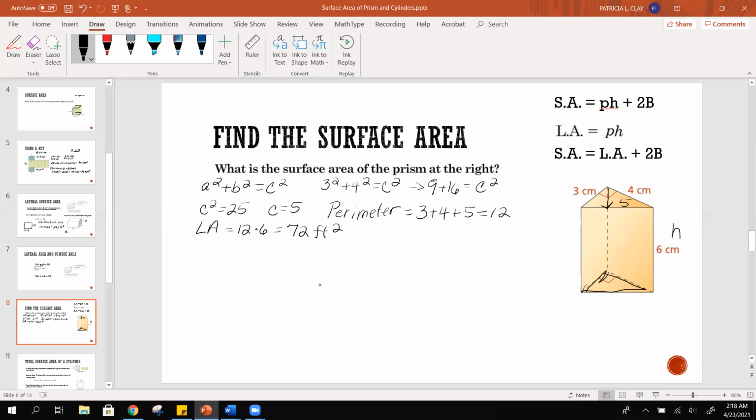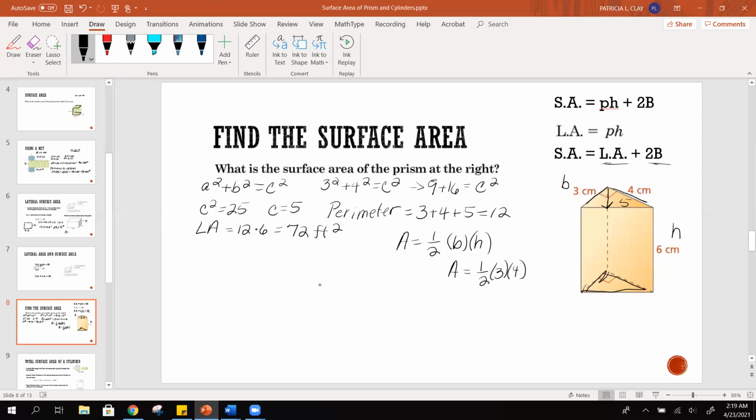Now, our next part is 2 times the base of the triangle. Okay, so the base area of a triangle is 1/2 base times height. In this particular case, our base is going to be 3 right here. Put a label on 3. And our height is going to be 4. So it's going to be 1/2 times 3 times 4.